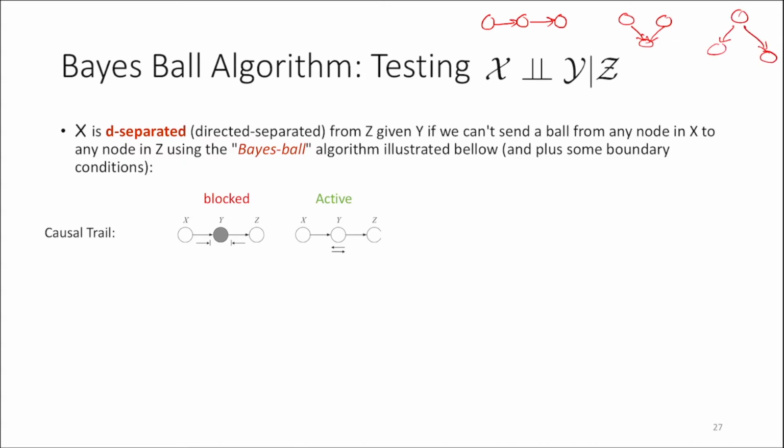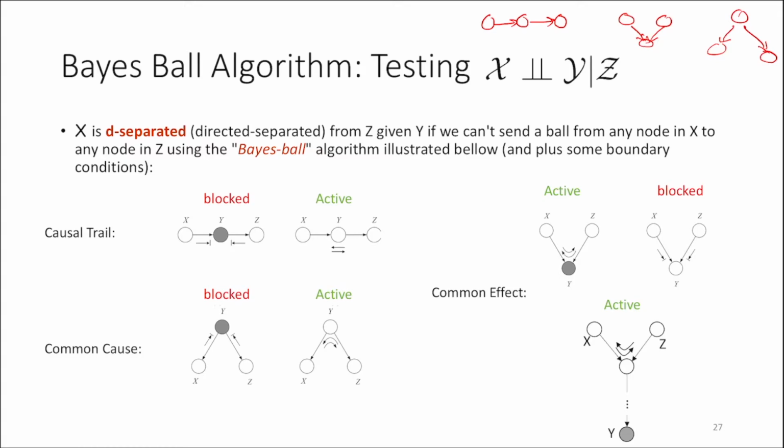One way to do that is if I tell you the following rules, then you can easily answer this question of whether this is independent or not. So basically, the rule is as follows: if you have a structure like this, it's a cascade structure.